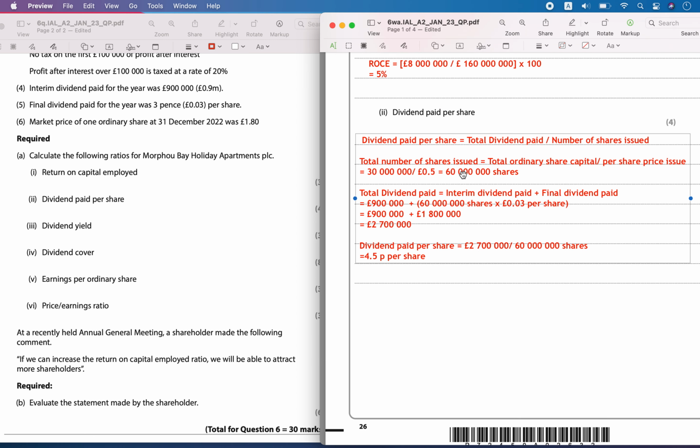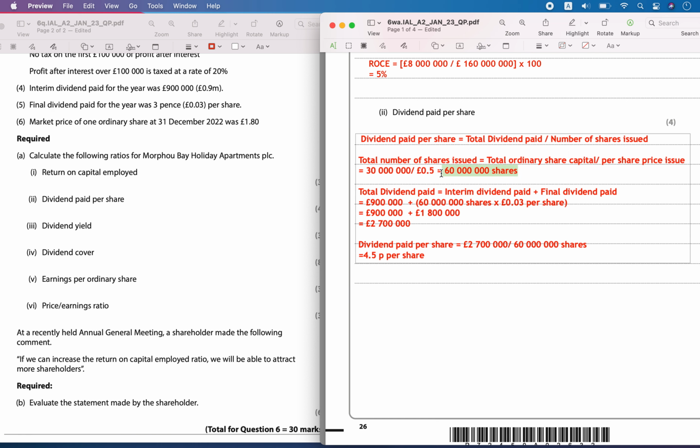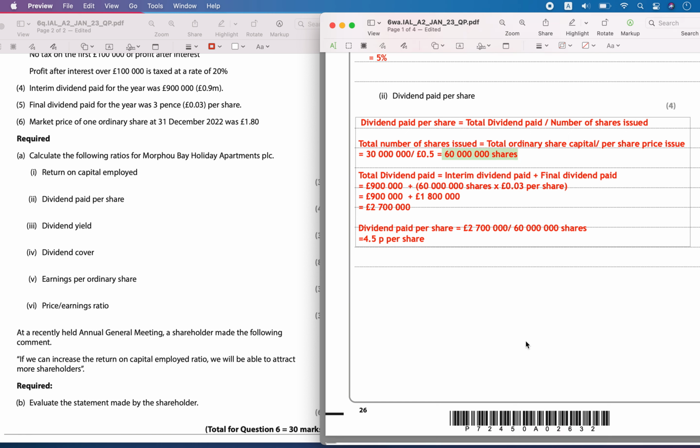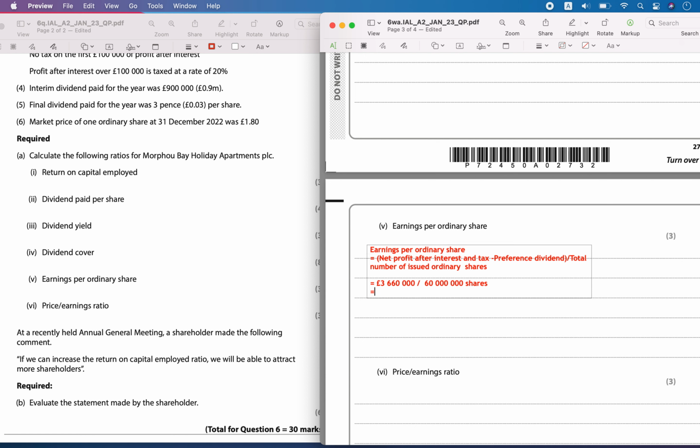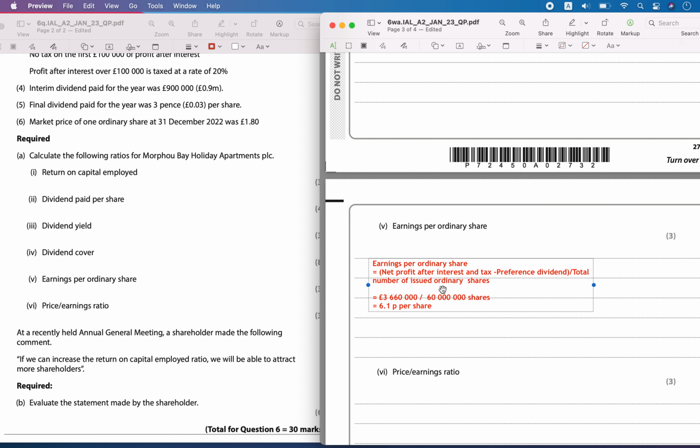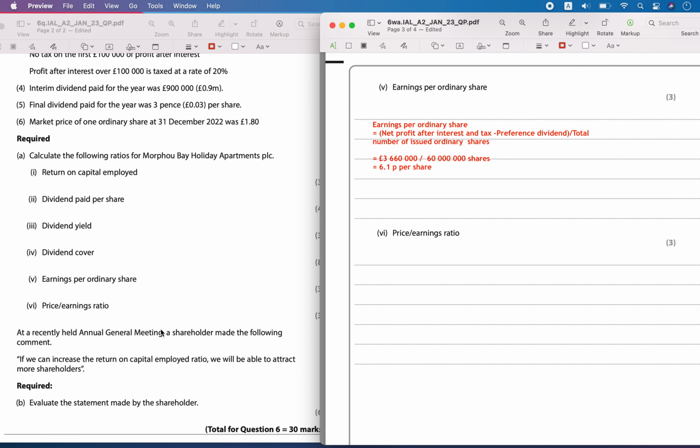We had also calculated in the previous year that the total number of shares issued was 60 million ordinary shares. So the earnings per share is 3,660,000 divided by 60 million, which is equal to 6.1 pence per share. This is the amount of earnings per ordinary share.